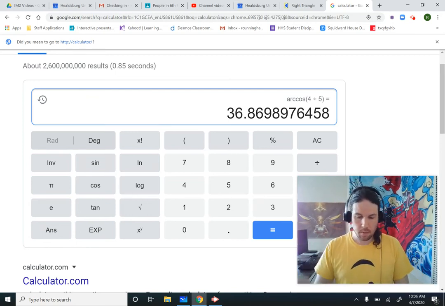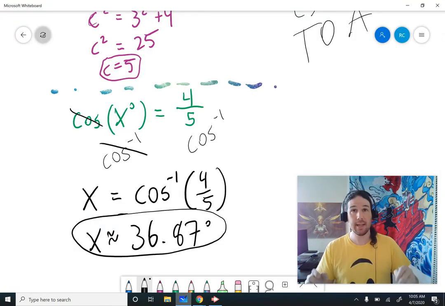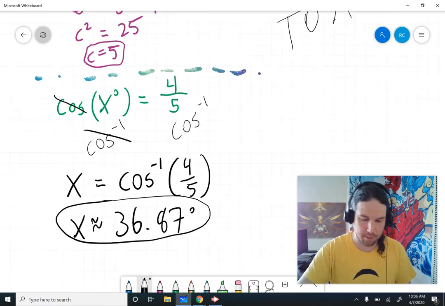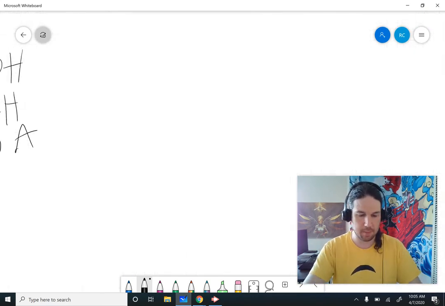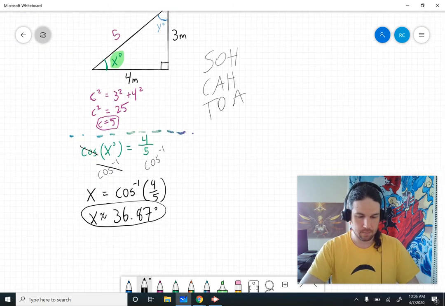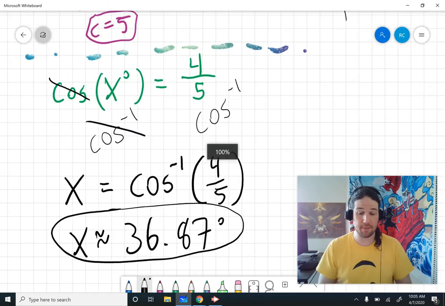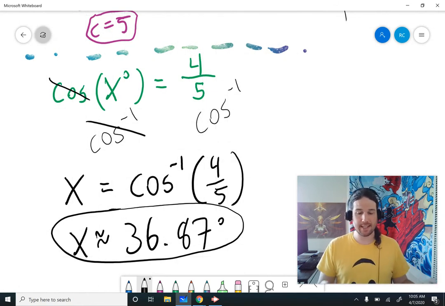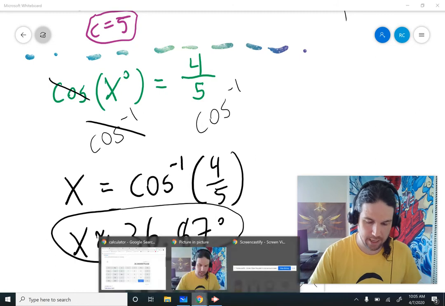Also, let's see what happens if I accidentally got my ratio backwards. What if I accidentally put the 5 on the top and the 4 on the bottom, if I did hypotenuse over adjacent instead, and watch what happens.